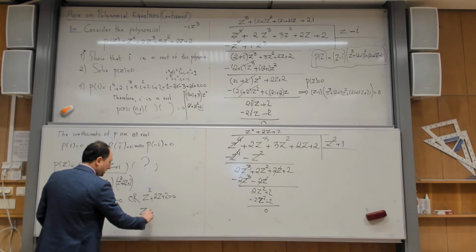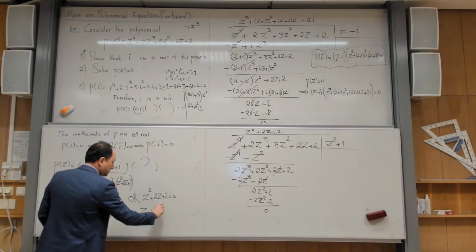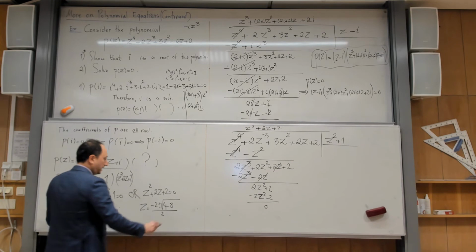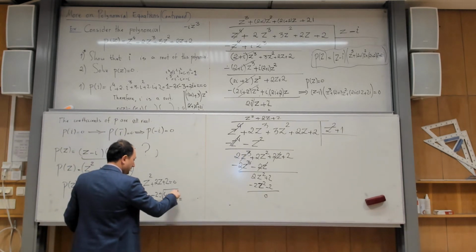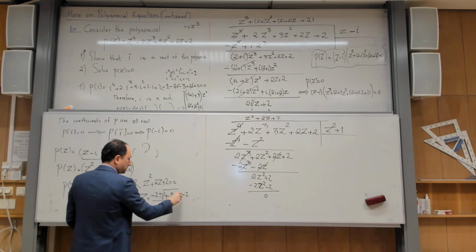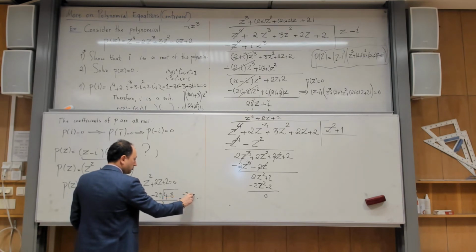So z is minus 2 plus or minus the square root of this number to the power 2 minus 4 times a times c, divided by 2 times a. And the answer becomes what? Minus 2, this is minus 4, so it becomes plus or minus. 4 becomes 2, negative 1 becomes i, and then divided by 2.